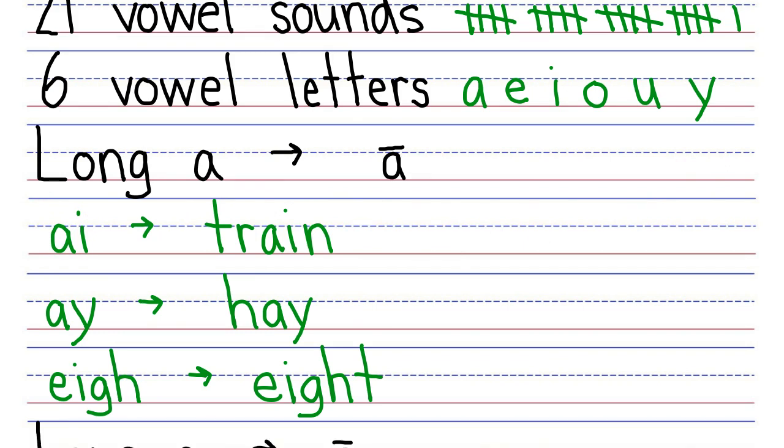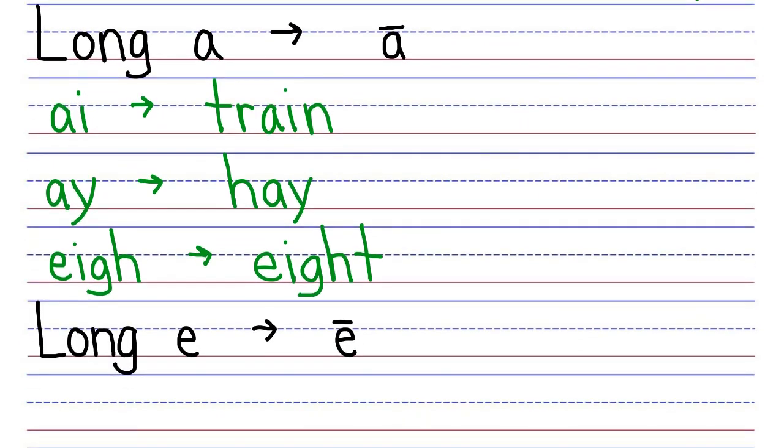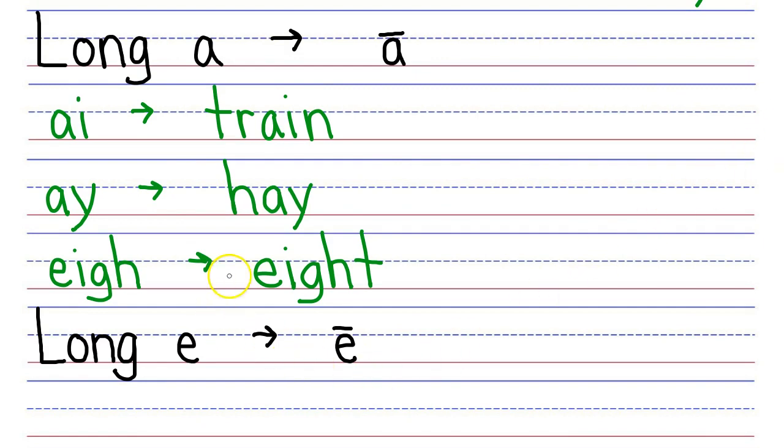Now let's look at long E. We have 1 multi-letter vowel phonogram for long E. It's double E, says E, as in tree. T-R-E-E.